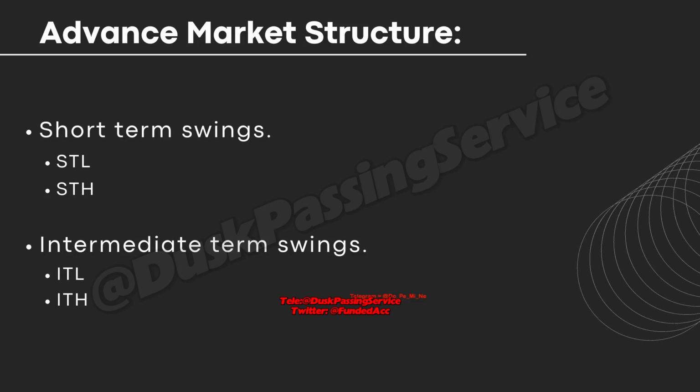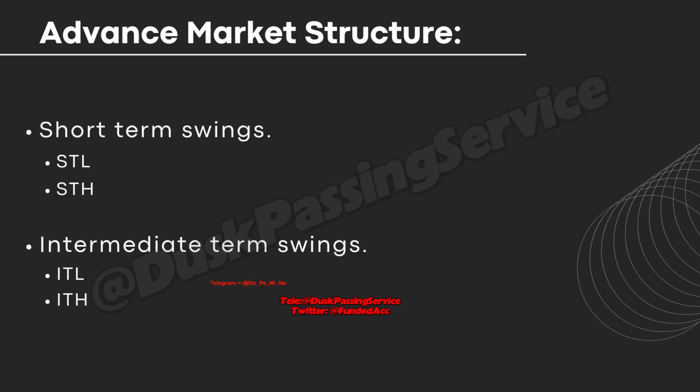So inside short-term swing points, we've got short-term highs and short-term lows. And with the intermediate swing points, we've got intermediate-term lows and intermediate-term highs, right? Now we're going to accurately define what each of them means, and how we can classify them.